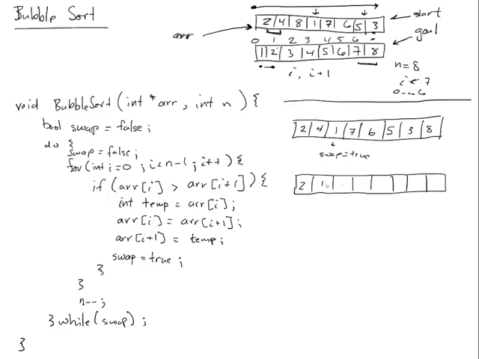Okay, and so at this point right here, we've done a swap. So we're going to set swap equal to true. Okay, so 1 and 4, we're good. So now we're going to compare 4 and 7. All right, 4 is less than 7, so it's going to stay there. Now we're going to compare 7 and 6. Oh, well, we need to swap those.